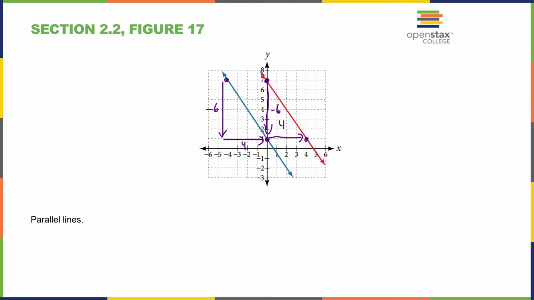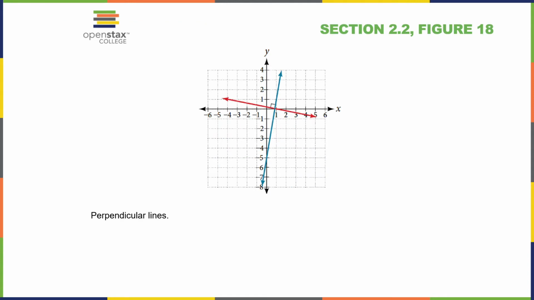So always double check. Here we can see we have perpendicular lines, partially because they've highlighted that for us. They told us that there's a right angle here. But how can we confirm it if they haven't done that for us? Well, again, we're going to look at the 2 slopes. Looking at the blue line first, I have this point and this point. You can see that its slope is going to be 5/1, or 5. And if I look at the red line, I'm going to call that M1, by the way.